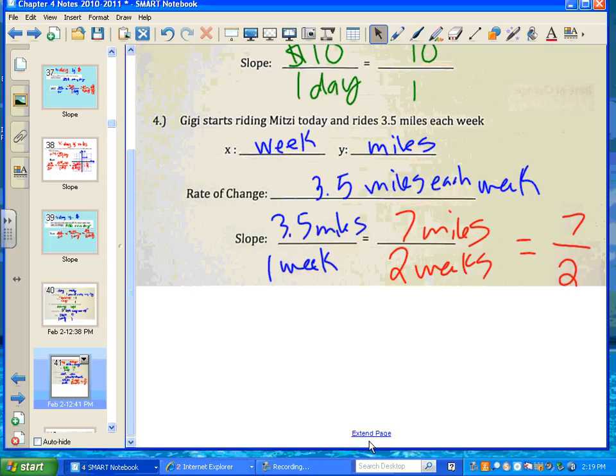When most people are done, we're going to go over them. So do what you can. Even if you don't get through number 8, that's okay.